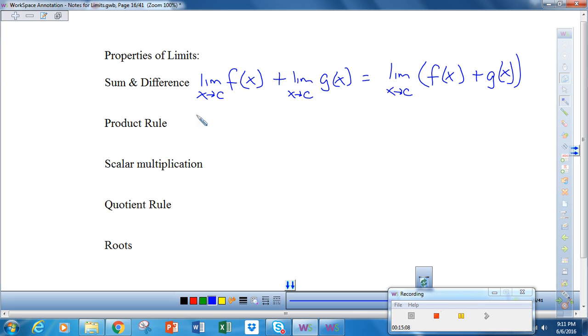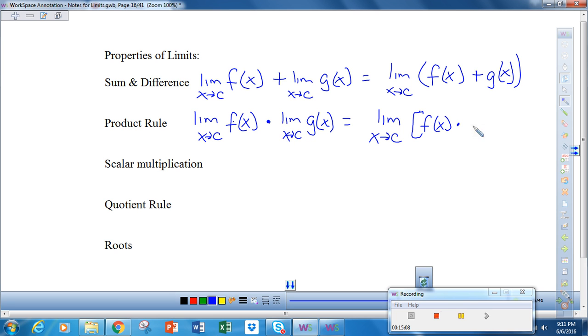The same thing for the product rule. We can write this as the limit as x approaches c of f of x times the limit as x approaches c of g of x. That can be written as the limit as x approaches c of f of x times g of x.